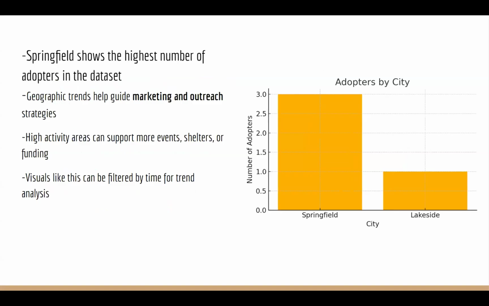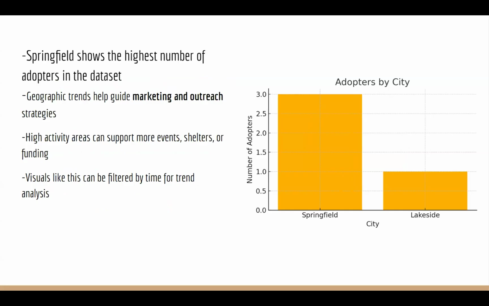And this slide, I'm more focused on the geographic trend of adopters by city. Springfield shows the highest number of adopters in the data set, and geographic trends help guide marketing and outreach strategies. High-activity areas can support more events, shelters, or funding.